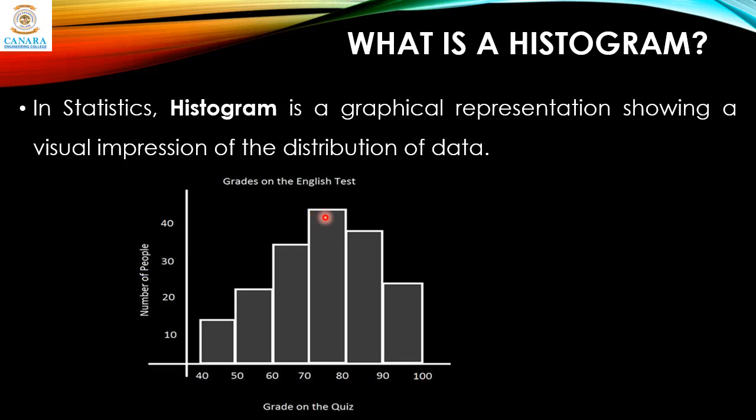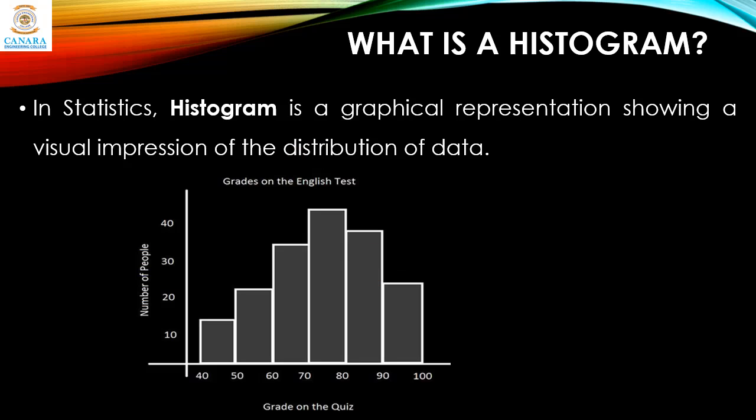There may be 400 or 4000 people depending on the number of people taking the test. So the y-axis can have more representation, but the x-axis is fixed for a given test. Okay, so this is the histogram in statistics.